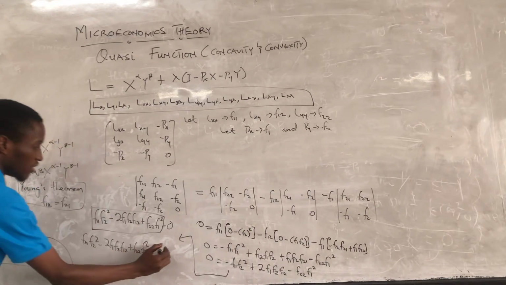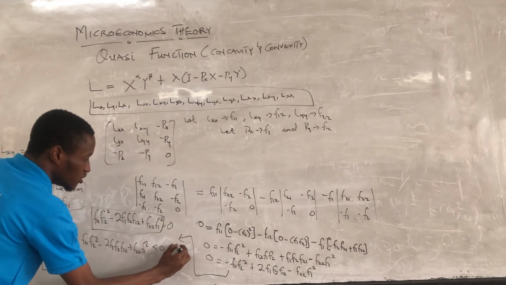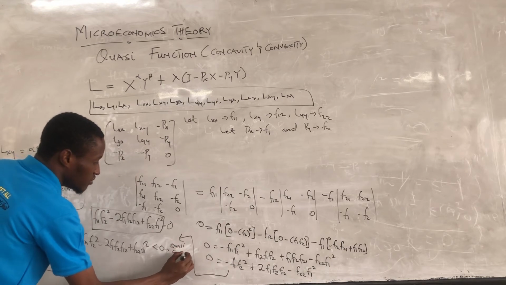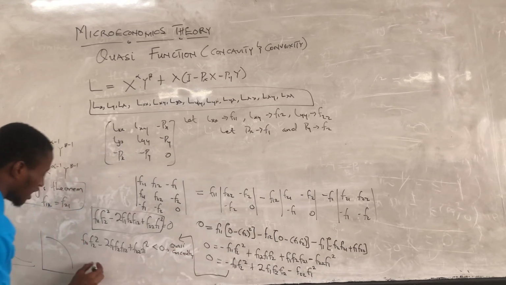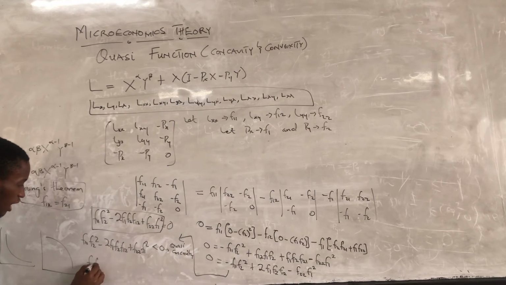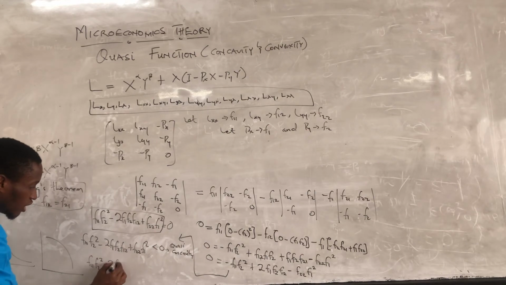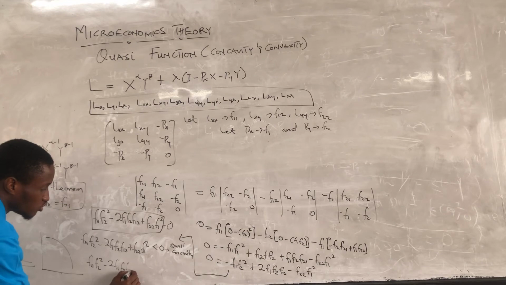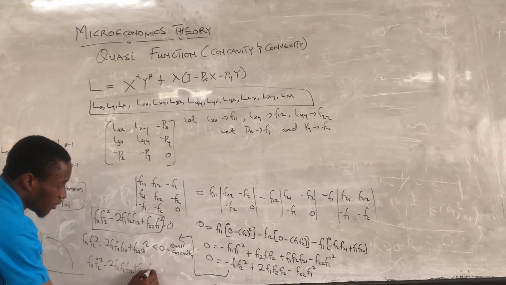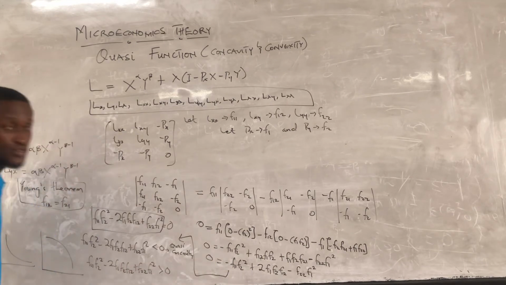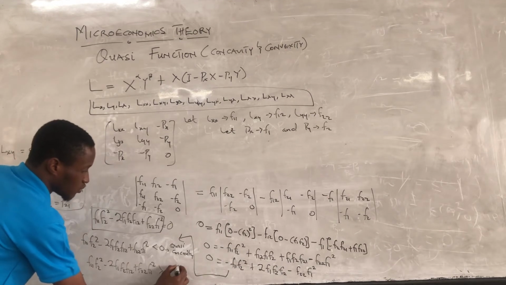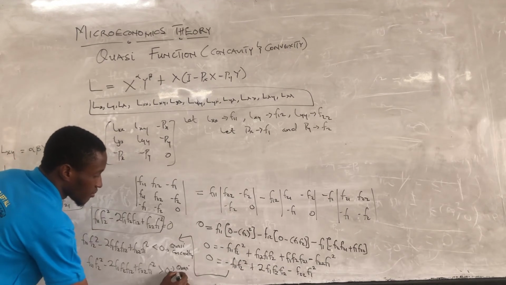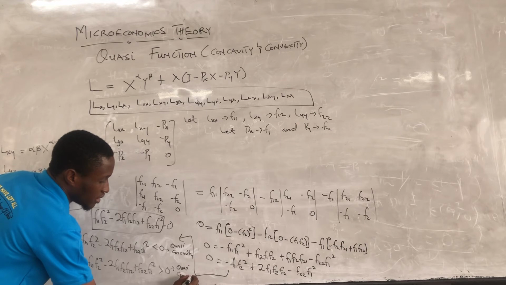So quasi concavity. And for convexity, F11 F2 squared minus 2 F1 F2 F12 plus F22 F1 squared should be greater than 0. That becomes the quasi convexity.